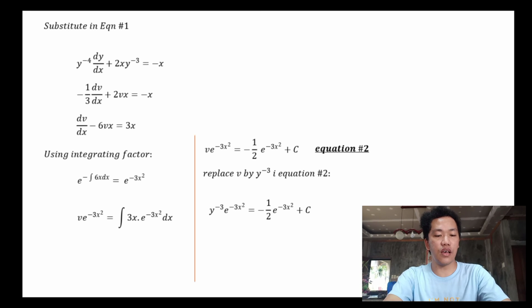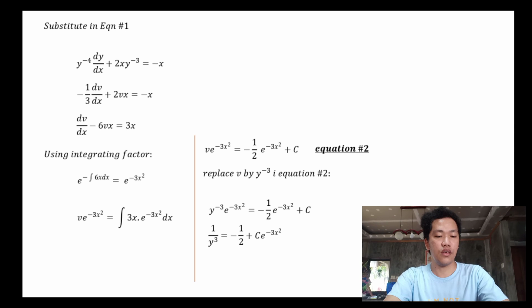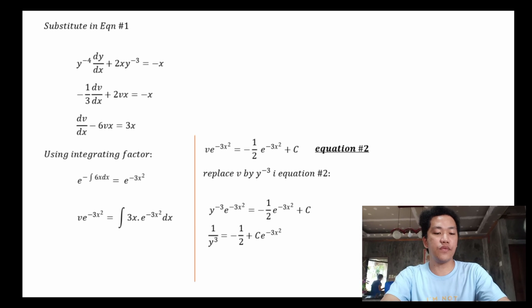Kaya po yung sa equation po natin ngayon, magiging y raised to negative 3 e raised to negative 3x squared is equals to negative 1 half e raised to negative 3x squared plus c. And then, magkakaroon na po tayo ng final answer kapag sinimplify po natin siya: 1 over y raised to positive 3 is equals to negative 1 half plus c e raised to 3x squared.